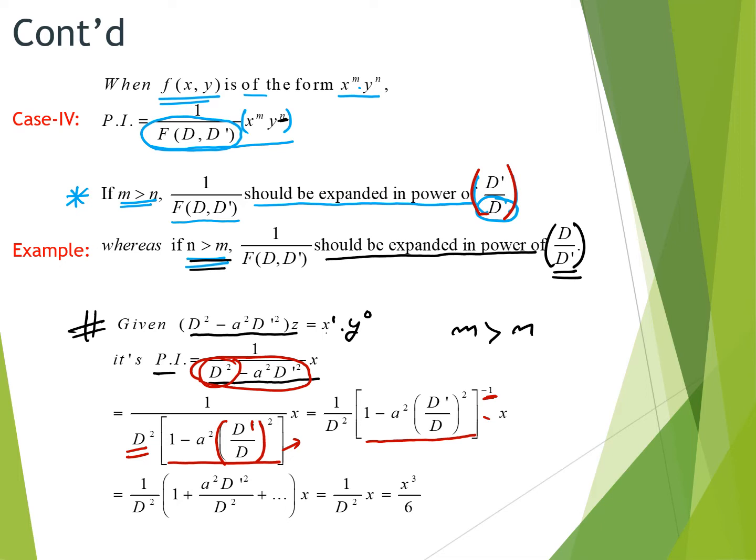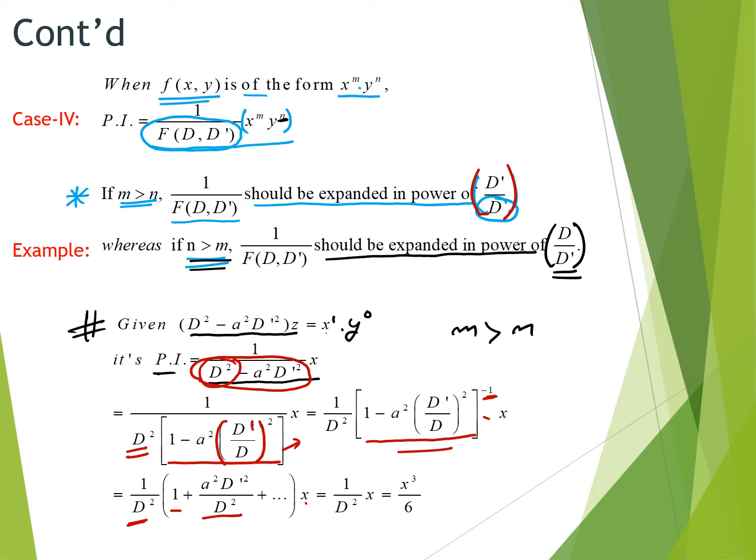Now by expanding this term using the binomial expansion, 1 by D square is the same. Expanding this term, we get the first term as 1, the second term is plus a square D' square by D square, plus so on, and x is the same.